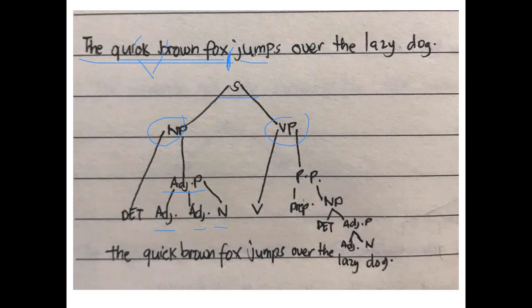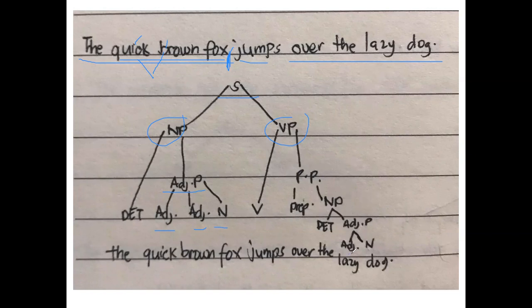And in here we have over the lazy dog. Over is considered a preposition, so this is prep. And the lazy dog, since we have the, just like the quick brown fox, this could be a noun phrase because the is a determiner. All pronouns and articles are considered to be under the noun phrase.